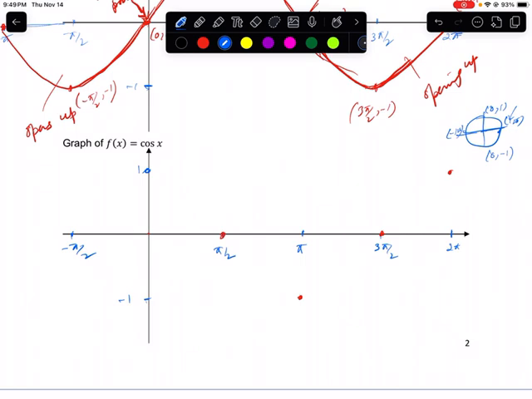Okay, see, so now we can graph the function. So over here also the value will be 0. So it's like this. So this is how we can draw the graph of cosine.